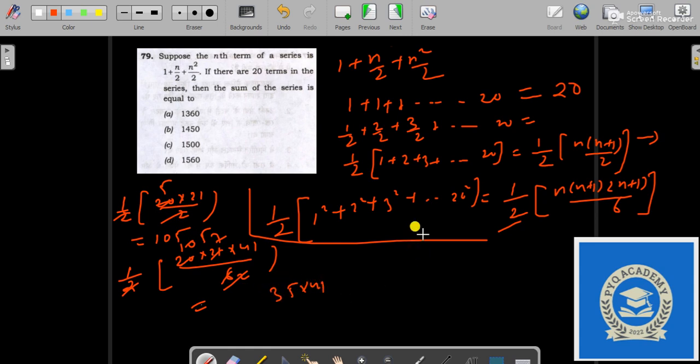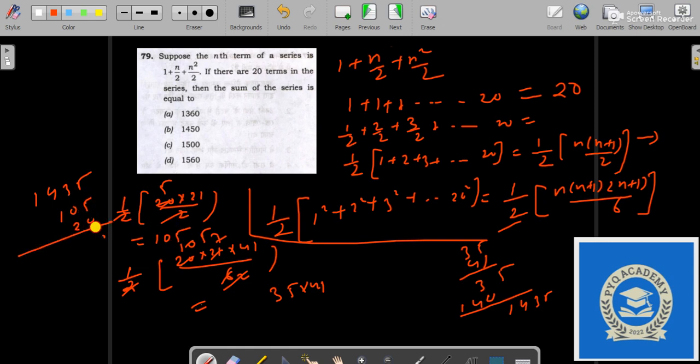If you multiply this, it will be 1435. Now our answer will be 1435 plus 105 plus 20, which is 1560. So this is our answer, option D.